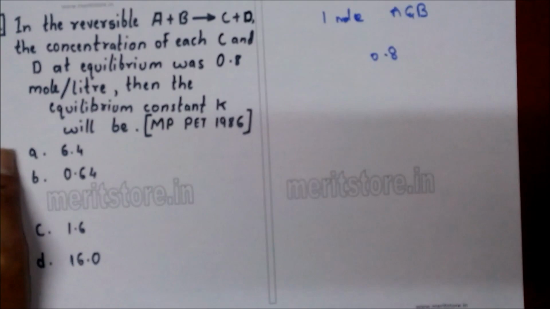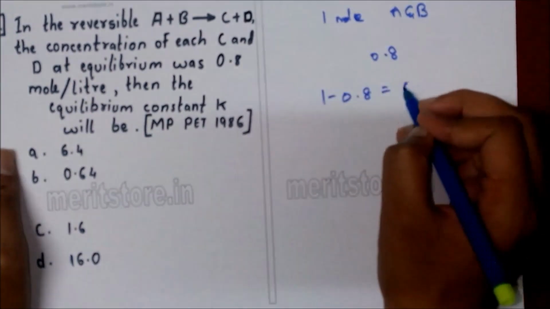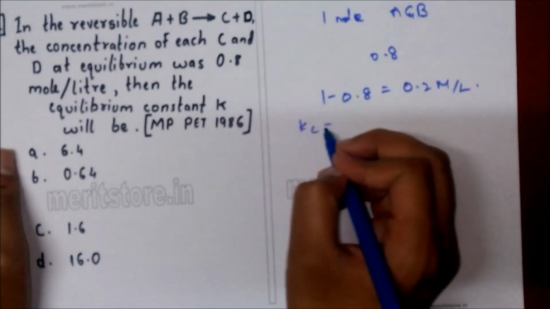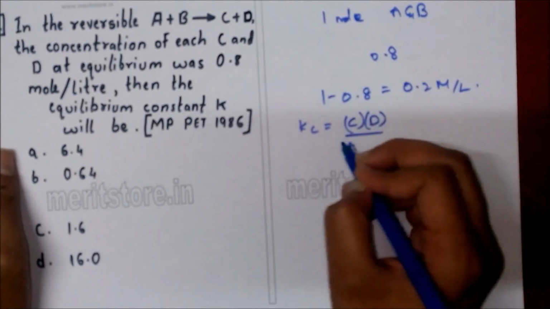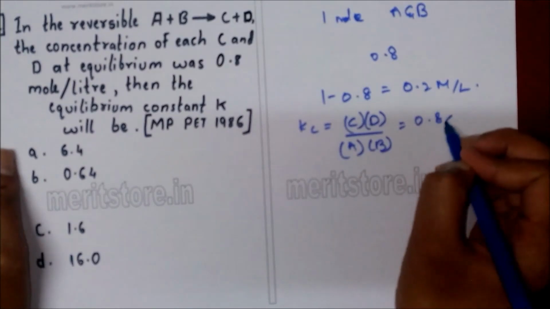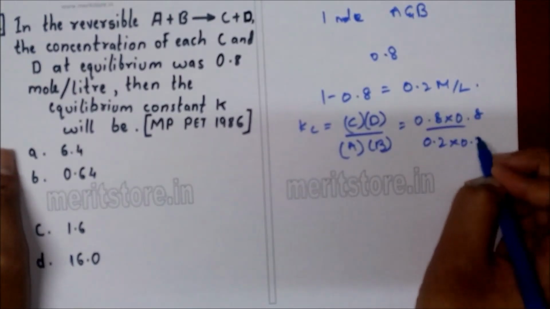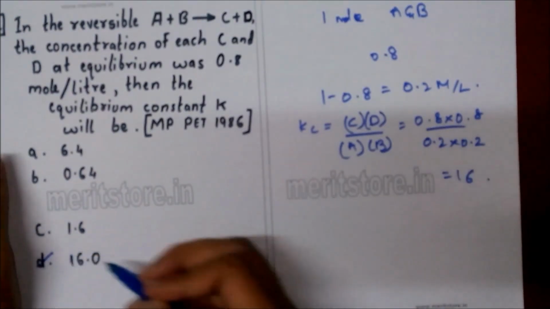Remaining concentration of A and B will be 1 minus 0.8, which is 0.2 mole per liter each. Therefore Kc is equal to [C][D] upon [A][B], which is 0.8 into 0.8 divided by 0.2 into 0.2, which is equal to 16. So option D is the correct answer.